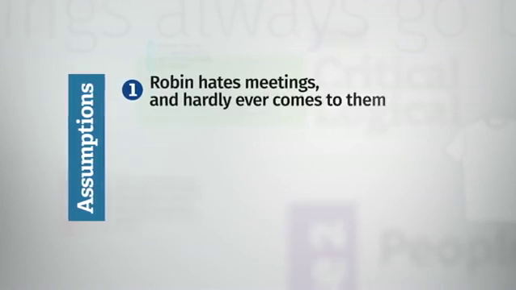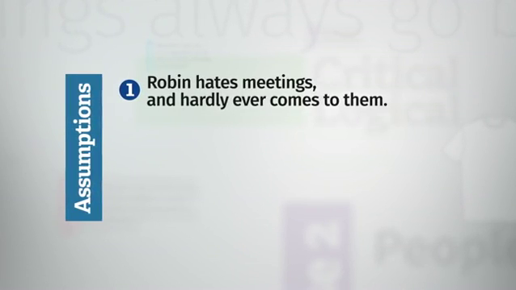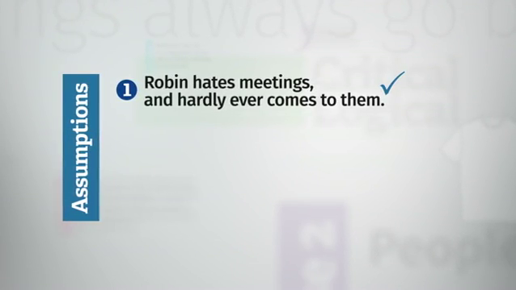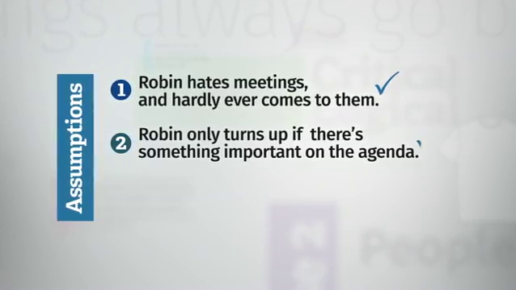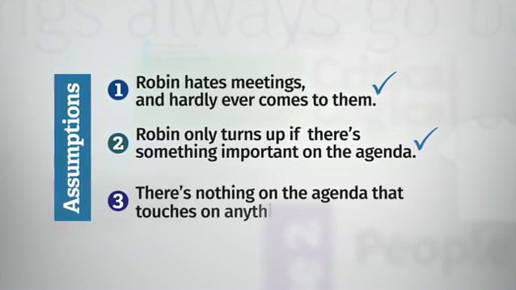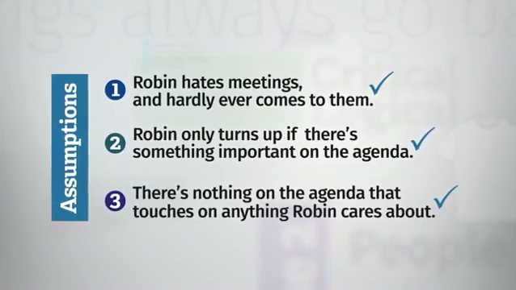One, that it's true that Robin almost never comes to meetings because he hates them. Two, that he only turns up if there's something important on the agenda. And three, that there's nothing on the agenda that Robin cares about. If those three assumptions hold, then it seems plausible that Robin won't show up. But it doesn't settle whether or not Robin will be at the meeting.